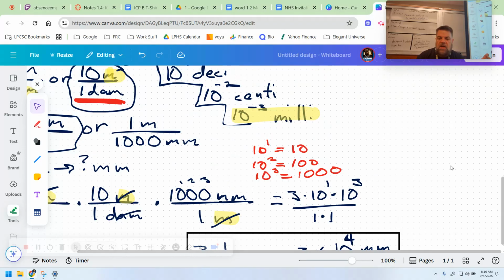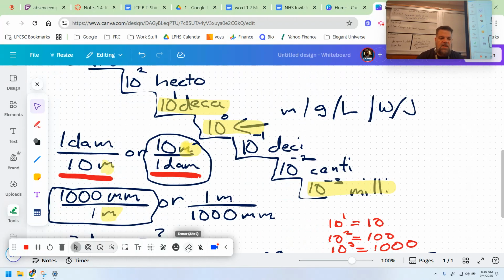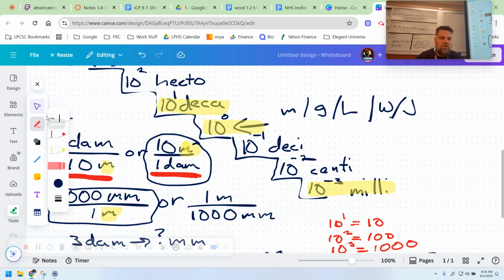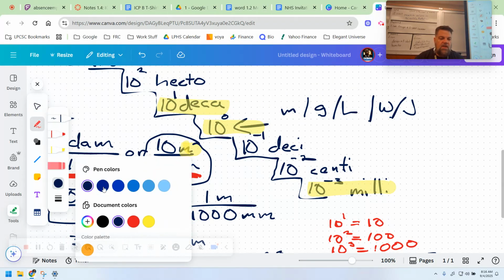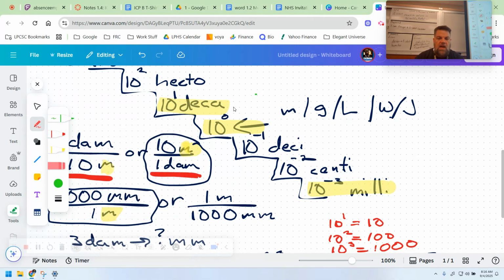But another way to do it is go, how many steps did I have to go? So if I look at this staircase, the metric staircase or the metric steps, and I focus on how many steps did I go, for example, I start here and I went down 1, 2, 3, 4 steps.